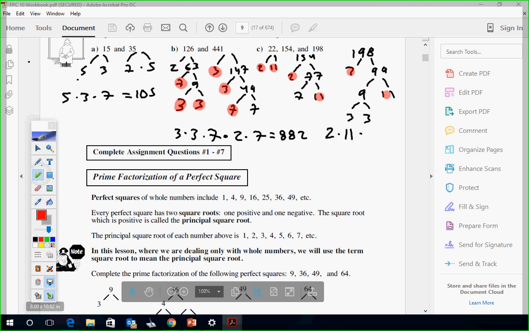So that's done for 22. 7, no 7 here, so I need to write a 7. And a 3 and a 3. So that's what's left over here. So 2, 11, 7, 3, and 3. When you multiply those out, you get 1386 is the least common multiple.